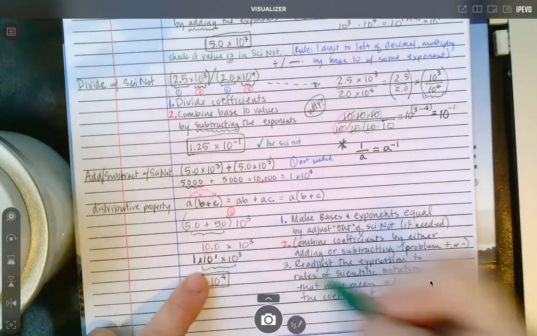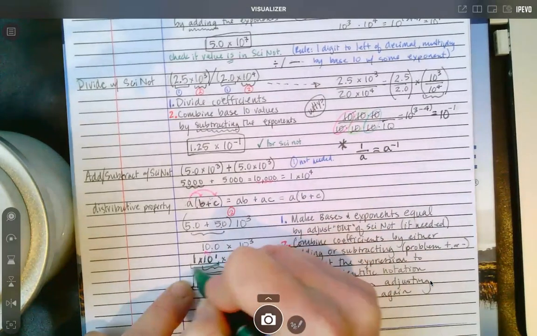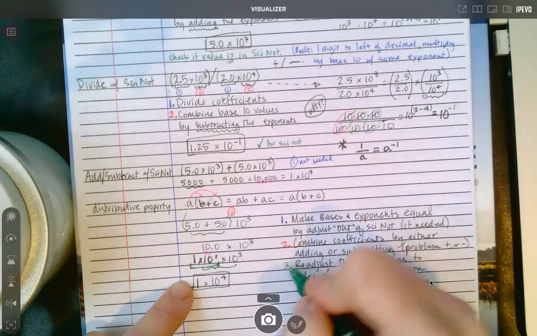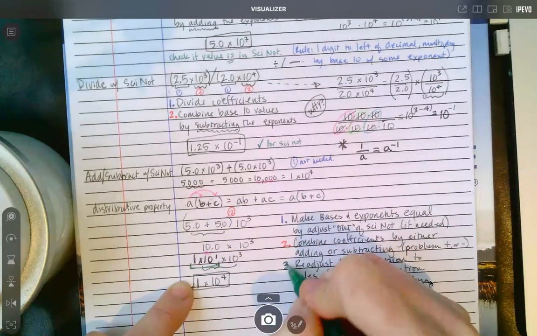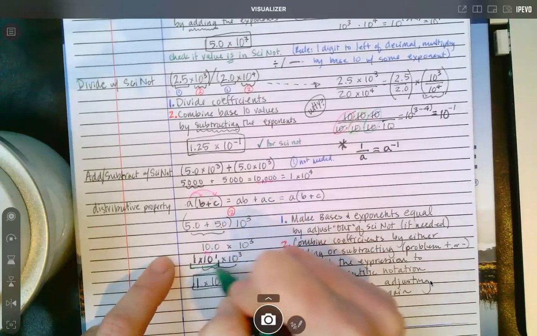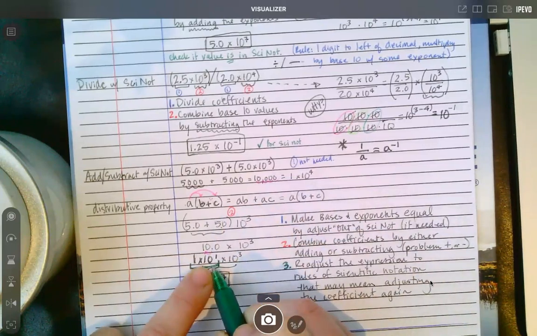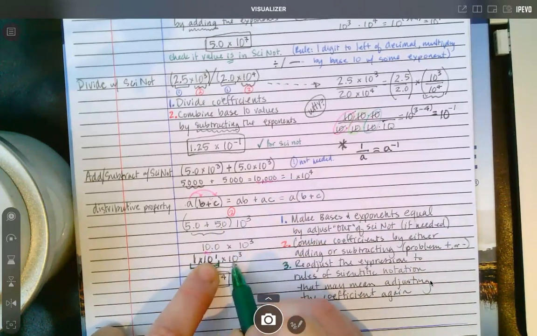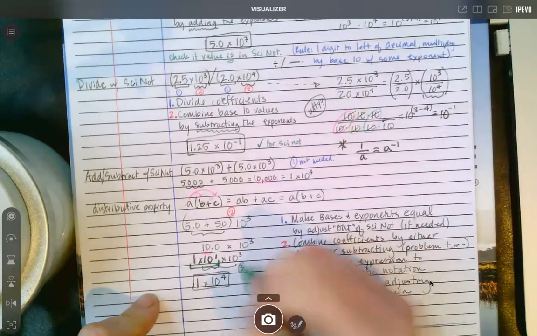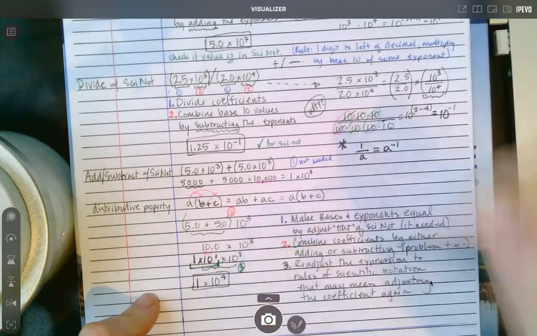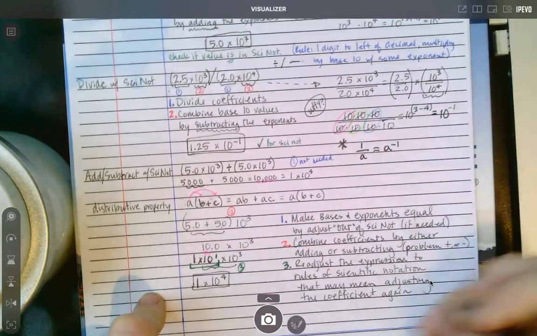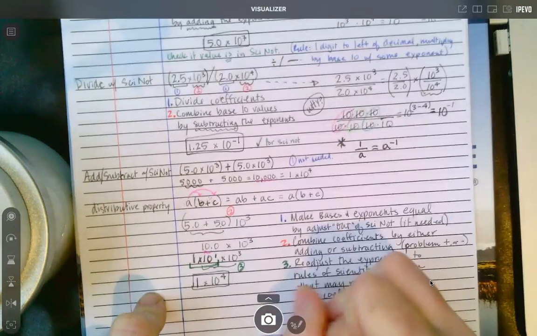I made this adjustment using a trick, writing just this part in scientific notation to get a 10, and then putting those two 10s together. And that's my step 3. Okay, so this can mean adjusting the coefficient again. Here's the trick.